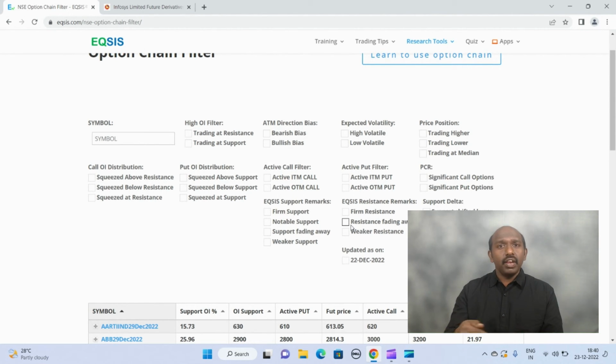And if you have any requirements, you can ask EQSIS about any specific area, like how this option chain filter can solve your research problem by saving significant time. There are a lot of things I can take you through, but for a short video, just to show you how it saves time, I hope this makes sense to you.